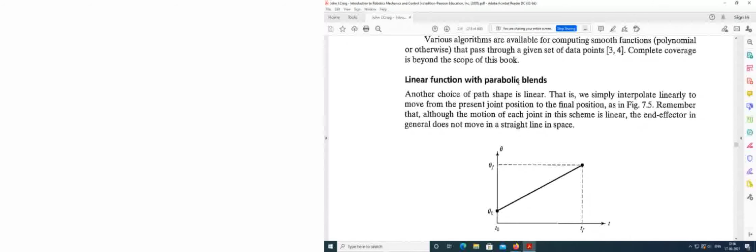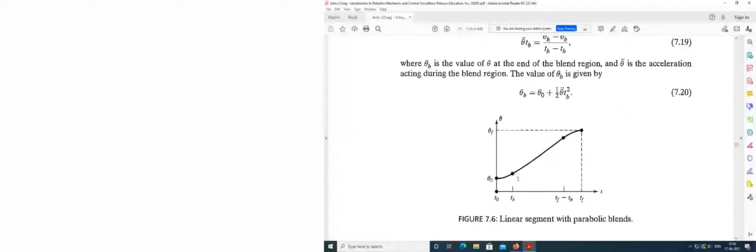Instead of a linear function throughout, we'll include a parabola from here to here, and similarly a parabola from here to here. But in between it's a linear function.